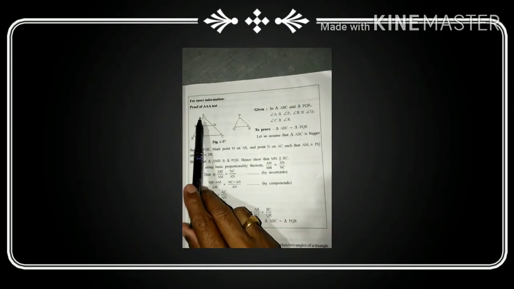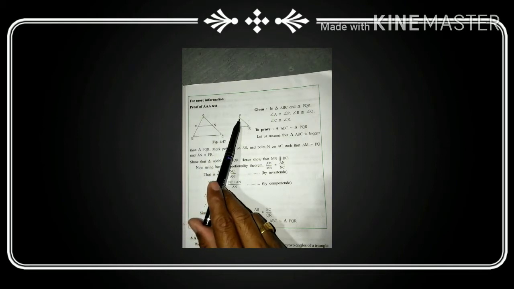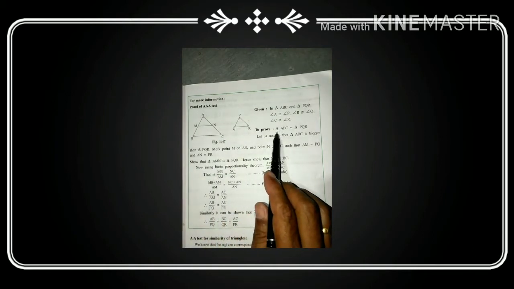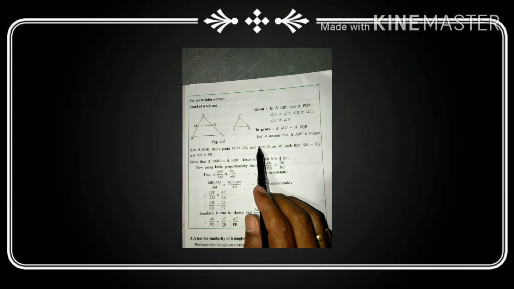Actually the first diagram's angle A is congruent to the second diagram's angle P, and in such a way the other angles are congruent to the other angles, and then we have to prove that triangle ABC is similar to triangle PQR. Now for that proof, some assumptions are clear here.